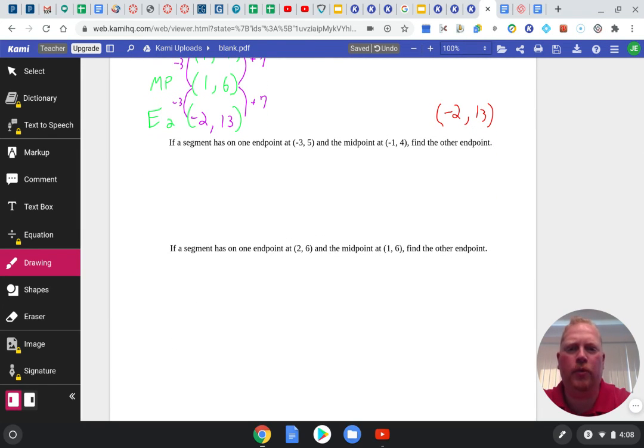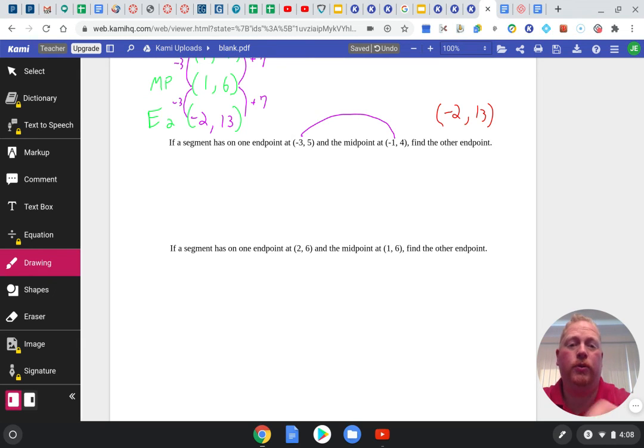If a segment has one endpoint at (-3, 5), and the midpoint is at (-1, 4), find the other endpoint. All right, let's do it. How do I go from -3 to -1? Well, I add 2.